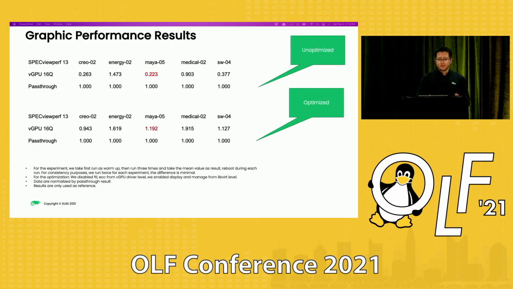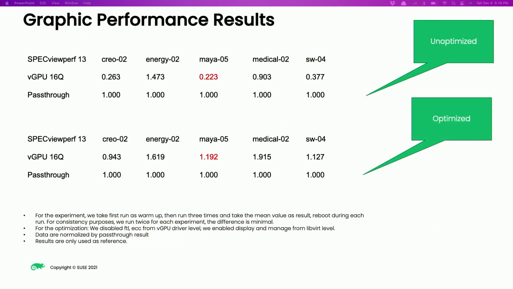So this is some of the tests we ran. One interesting part is the graphics performance. The first line is the default, where we just enabled it and didn't change the configuration. We noticed that with the Maya Medical SW, the performance is really bad.